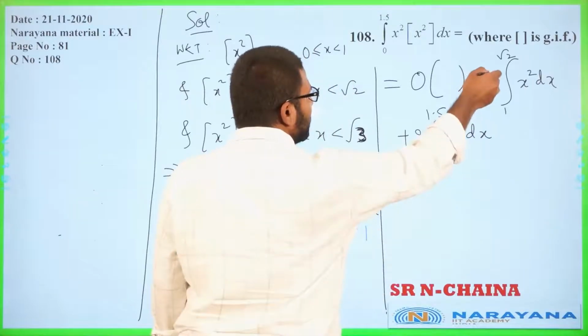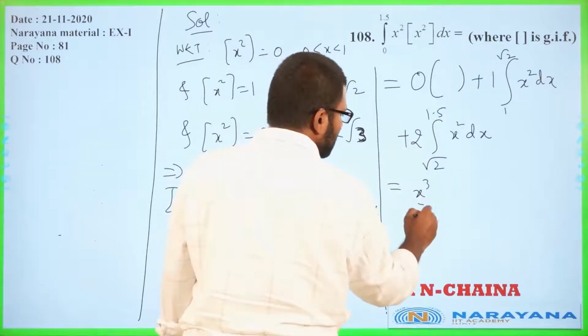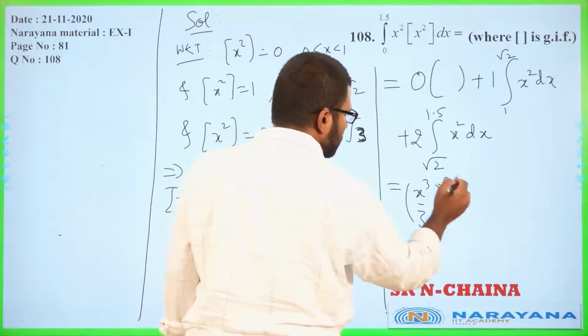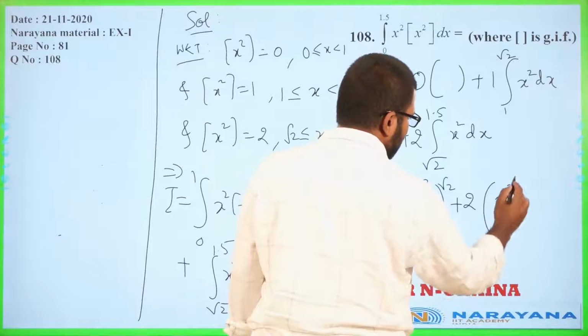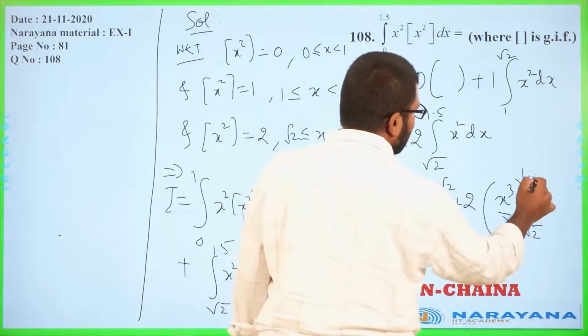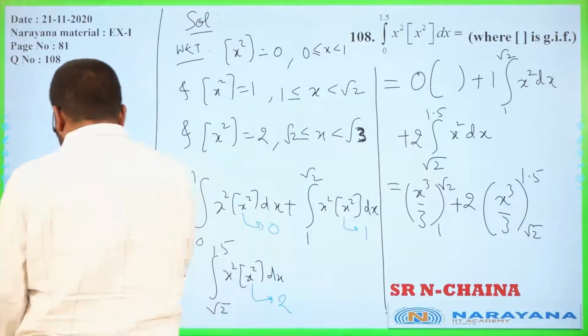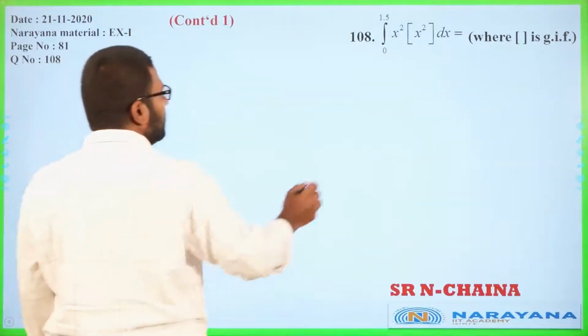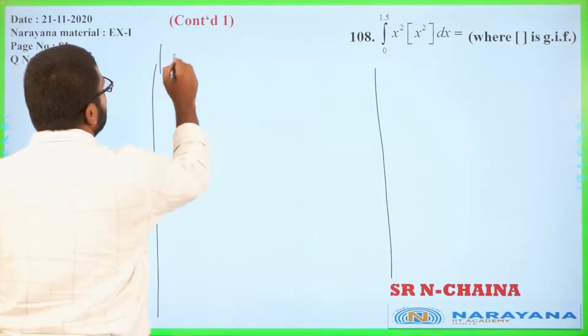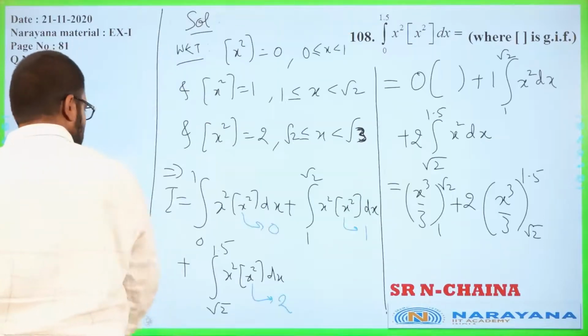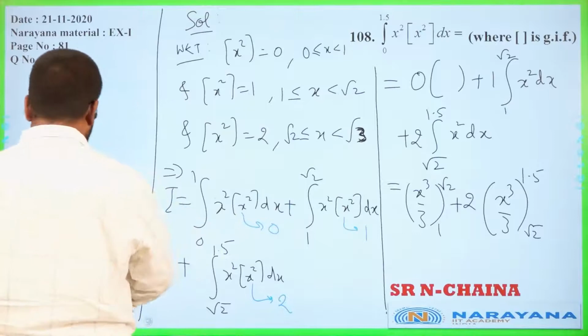That 0 term you can ignore. So x cube by 3 from 1 to root 2, plus 2 times x cube by 3 from root 2 to 1.5, right. Now it's just a matter of substitution. Check x cube by 3 from 1 to root 2.